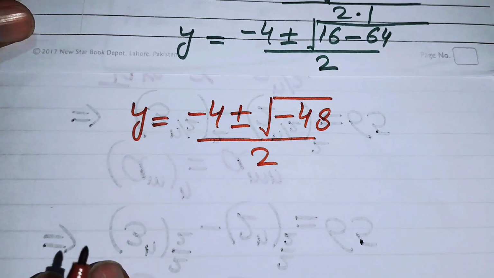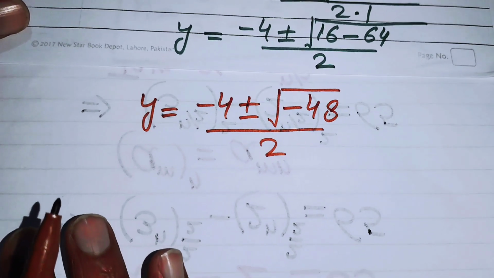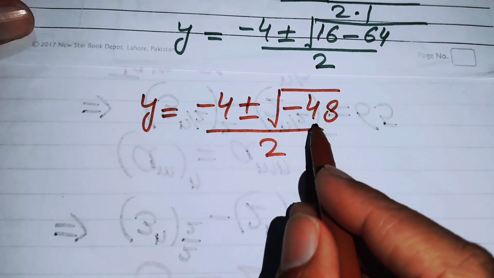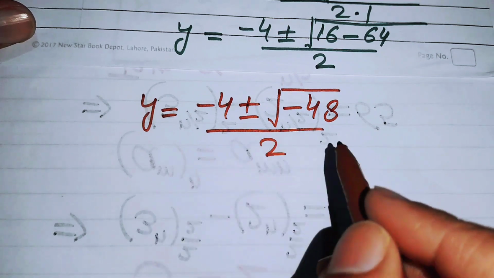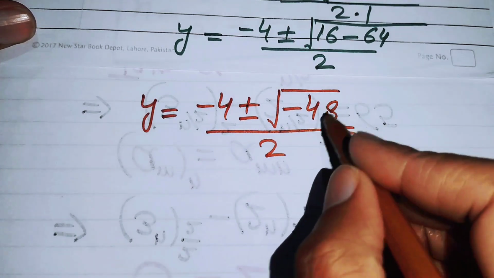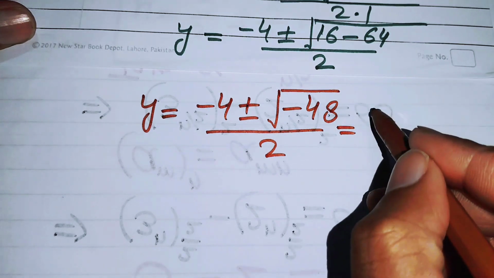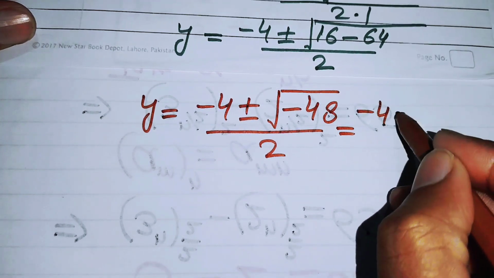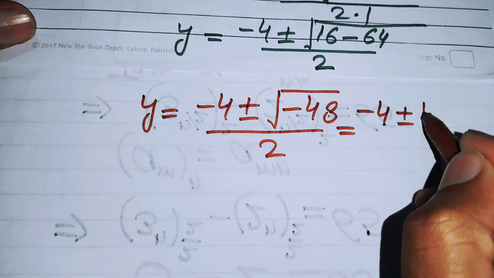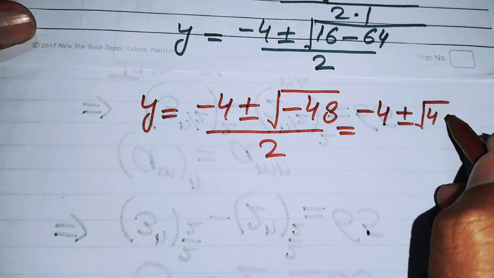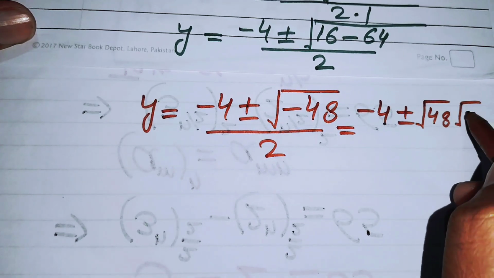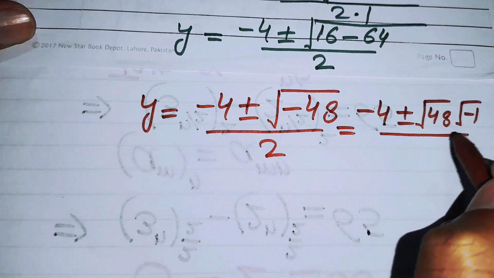You see here we can break the square root of the minus term and 48, and we write it as minus 4 plus minus square root of 48 and square root of minus 1, over 2.